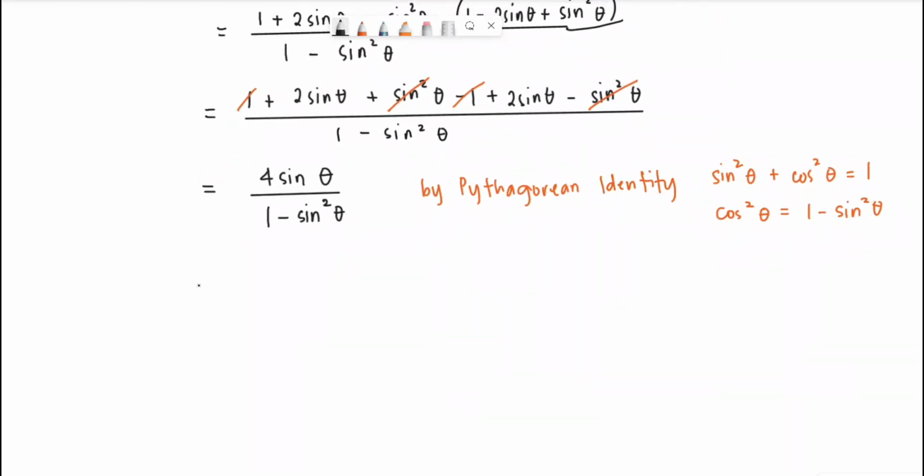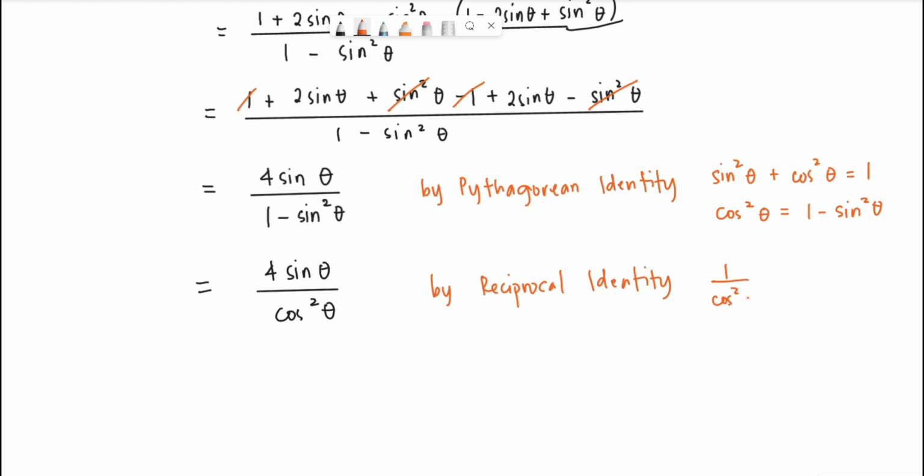We will now have 4 sine theta over cosine squared theta. And we all know by reciprocal identity that 1 over cosine squared theta can be expressed as secant squared theta.